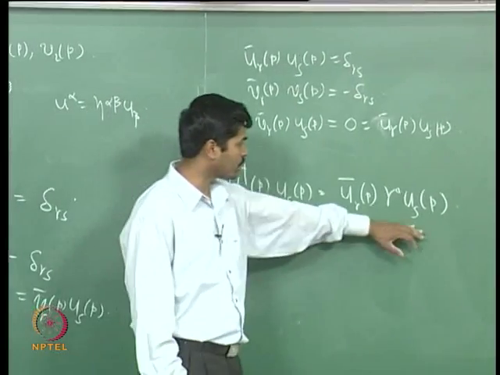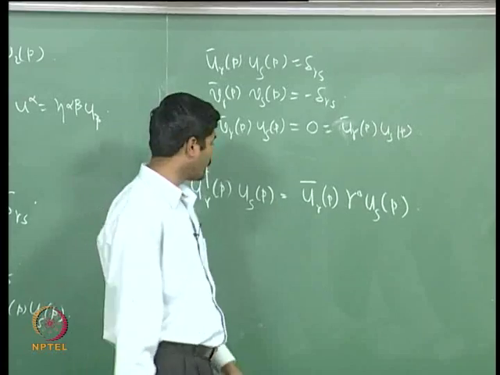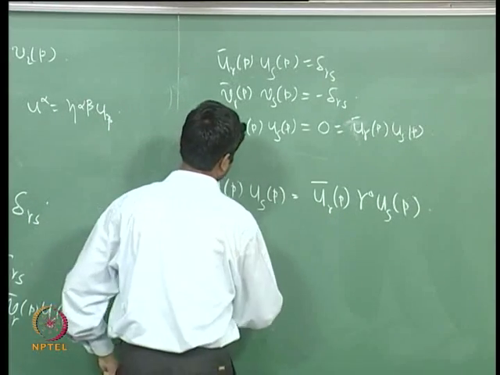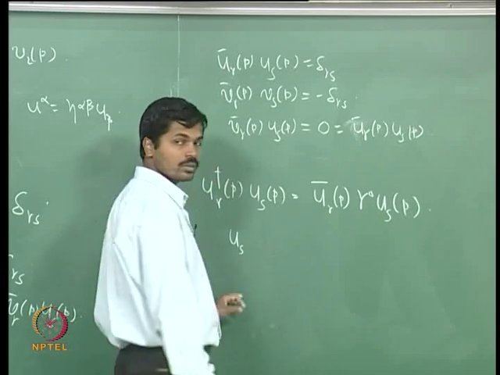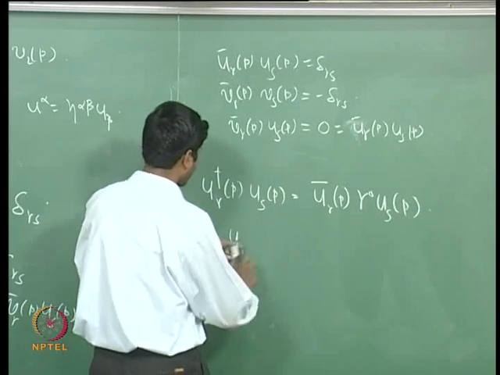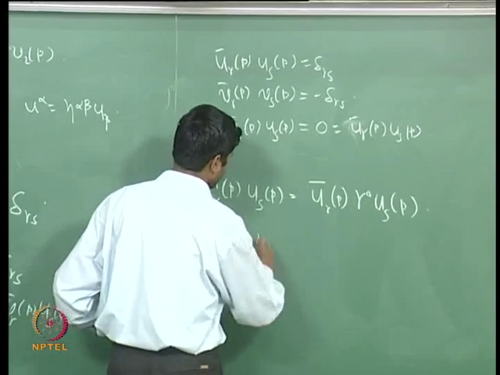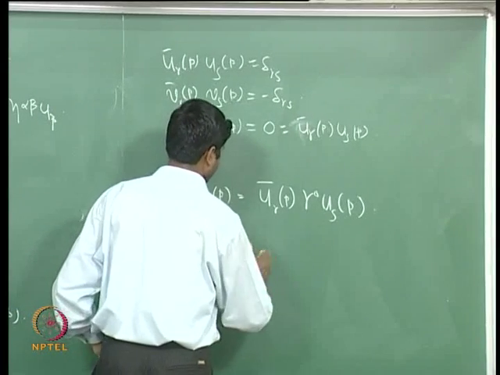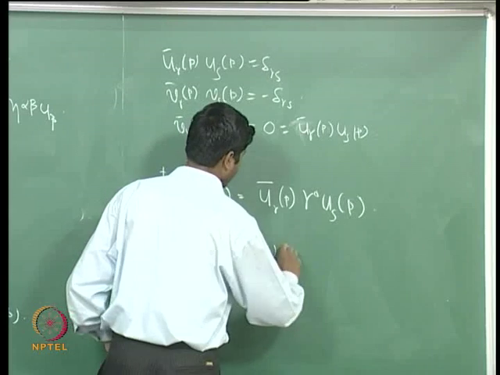Now we use the Dirac equation for u s. u s of p obeys the Dirac equation (p slash minus m) u s(p) equals 0.